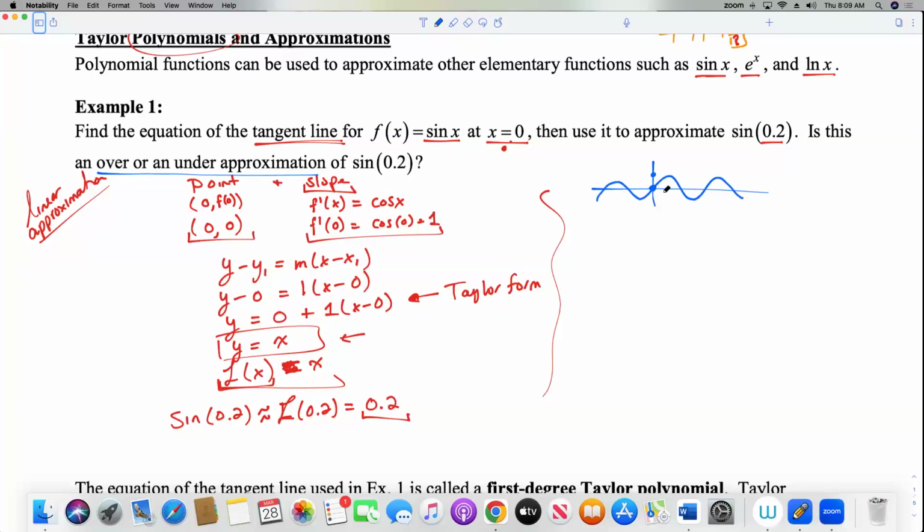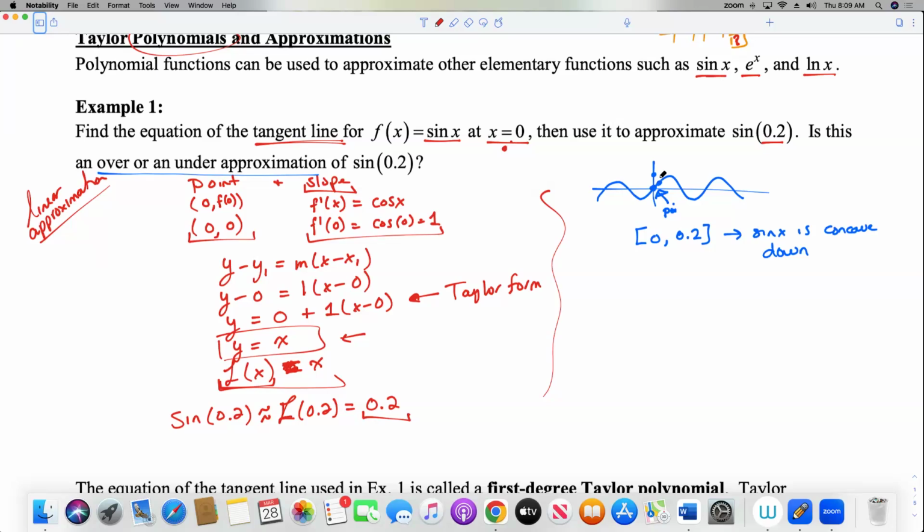At 0 is the point of inflection, but between 0 and 0.2, sine of x is concave down, which means, if you recall, that our tangent line approximation is going to be an overestimate.